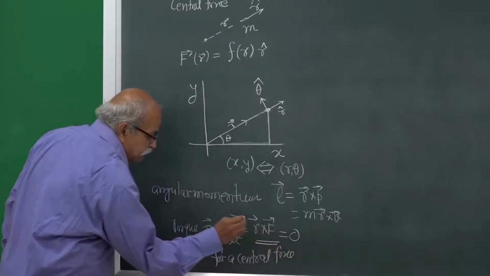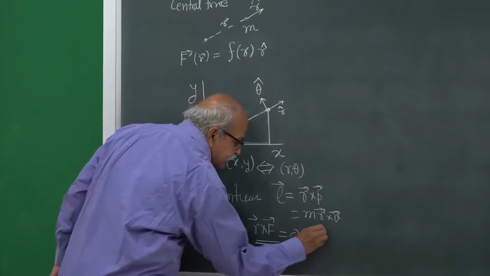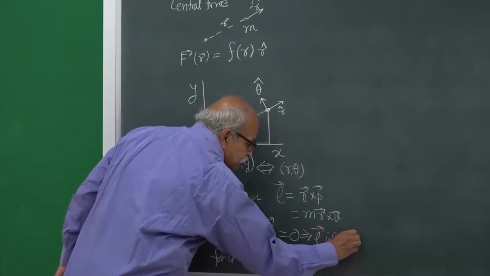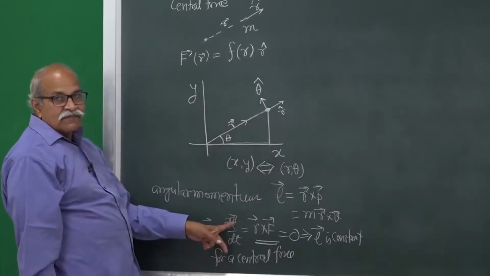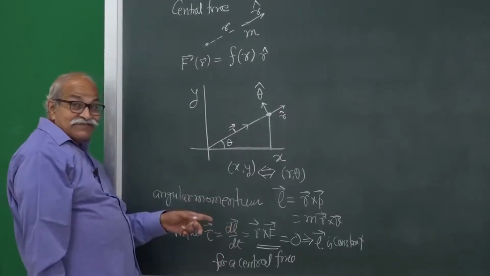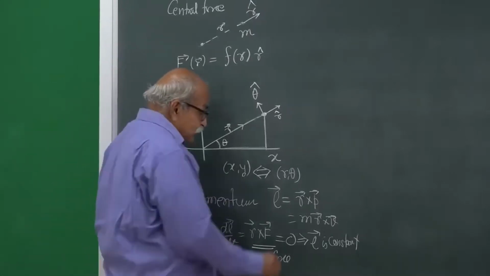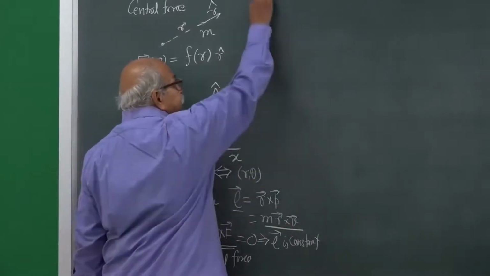And if torque is 0, that tells me that this L is constant, and remember, it is d/dt of L vector. So, if that is 0, that means L vector is constant, in magnitude as well as in direction.